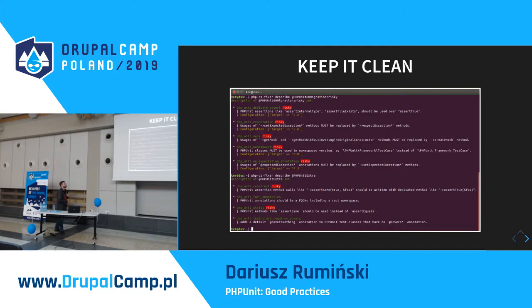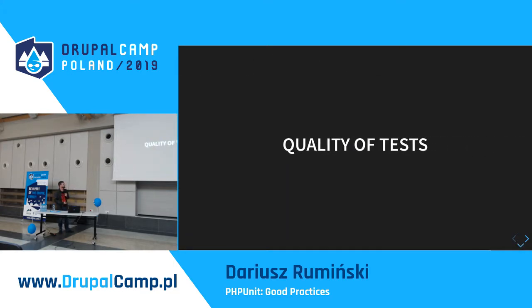But we can also say that we want to have strict comparison, strict assertions of PHPUnit only. So we don't want to use, for example, assertEquals, but we want to use assertSame everywhere. It's like a double or triple equals sign. We want to be strict, let's ensure it on the CI level.